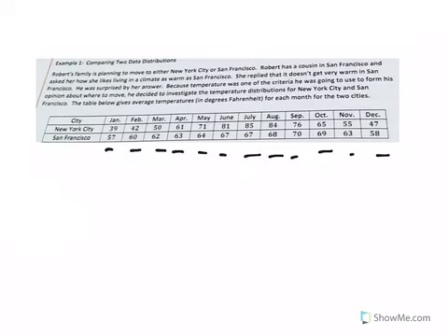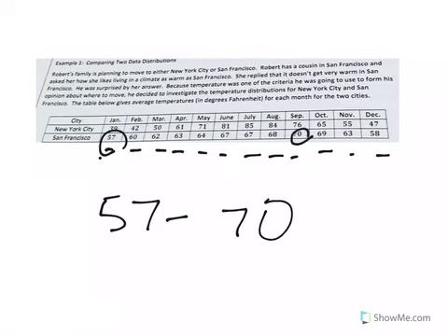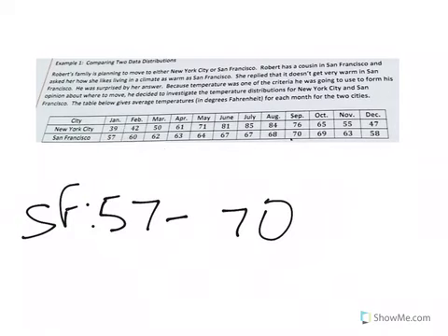December, 58. Our data, based on the averages, only ranges from the lowest, 57, to 70 as a high point. Again, there are going to be days that are colder and hotter, but your average goes from 57 to 70. There's only a 13-degree difference in the average cool temperatures and hot temperatures.